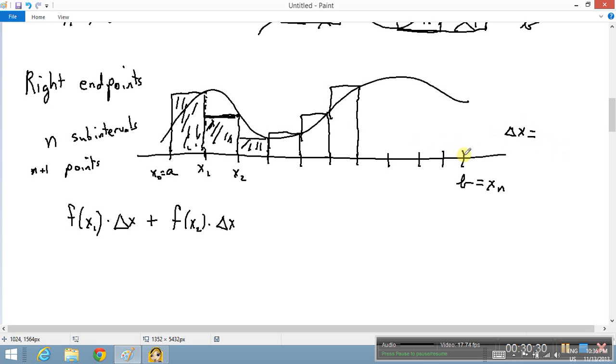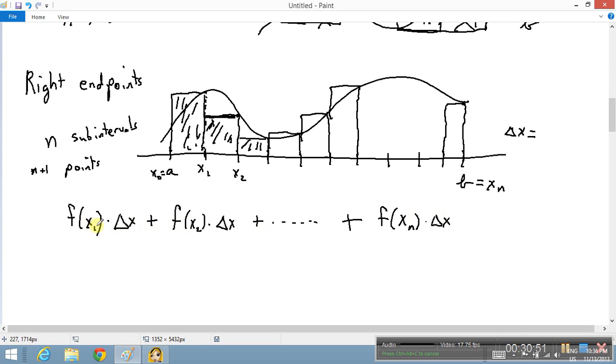And the last one is this guy, and then gives you that rectangle. All right? So I can write it this way, so that the last area is going to be f of the last point, x sub n, multiplied by delta x.